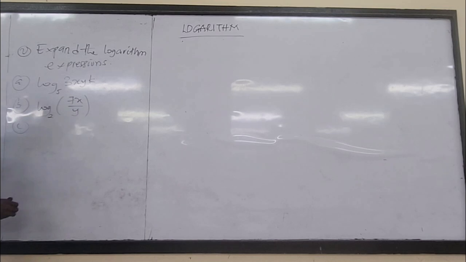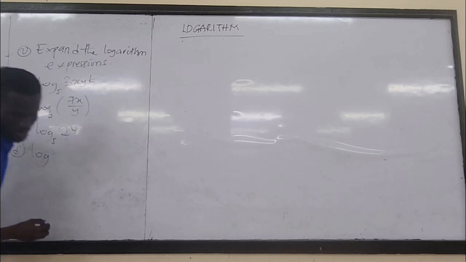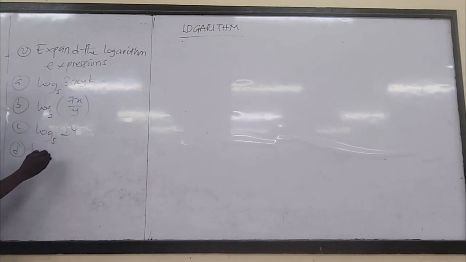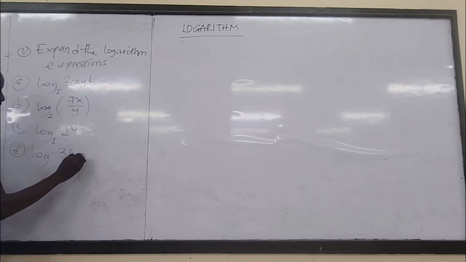Now c, we have log 24 base 5. Now d, we have log of 36 m exponent 12, divided by root n.